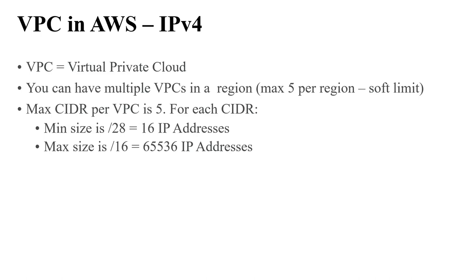But suppose for your application, there is a requirement of 1 lakh IP addresses in that VPC. Normally, we don't see that kind of large networks. But okay, the requirement is 1 lakh. That means you cannot use the VPC, right? VPC is supporting a maximum of how many? 65,536.